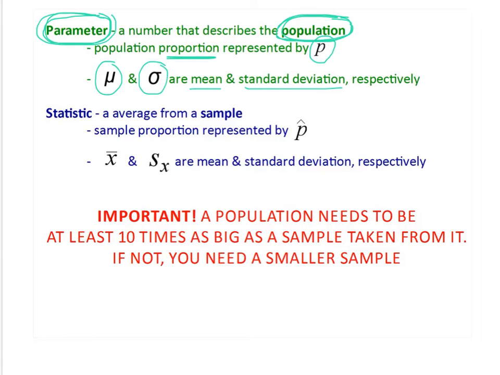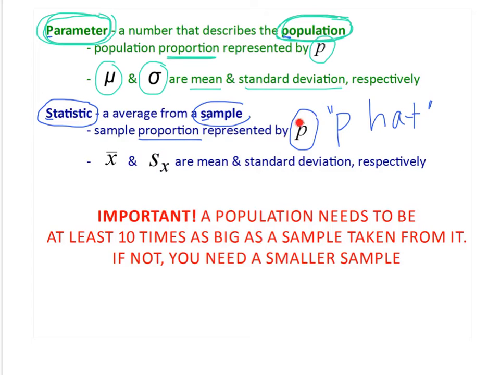And we've seen that before. But we've also seen statistics. My statistic comes from my sample. So statistic, sample, where parameter and population both start with P. That's how I remember, or it helps me. My sample proportion, we call this P hat. P hat is this little p with a caret sign.